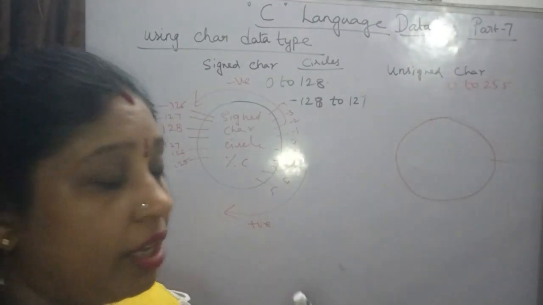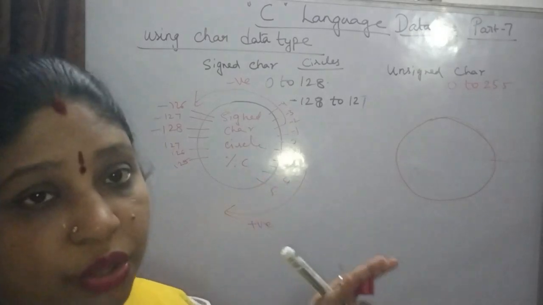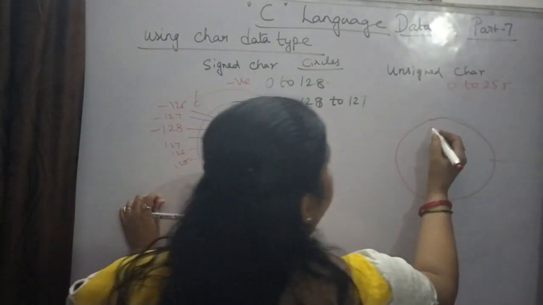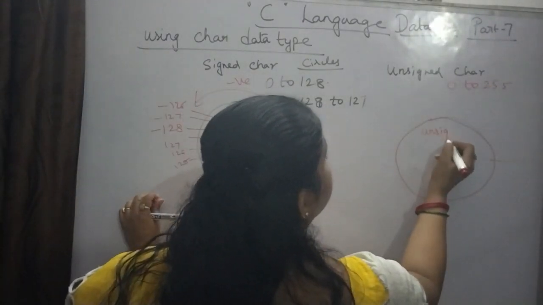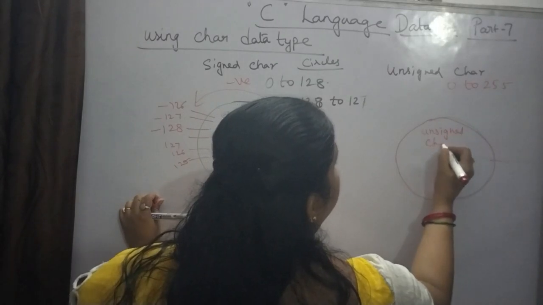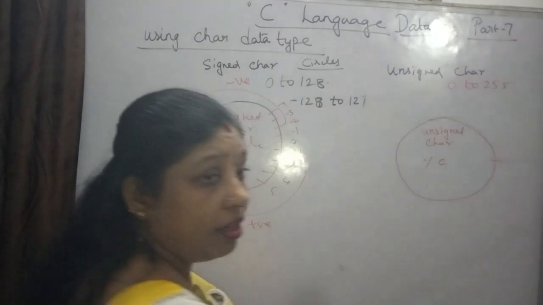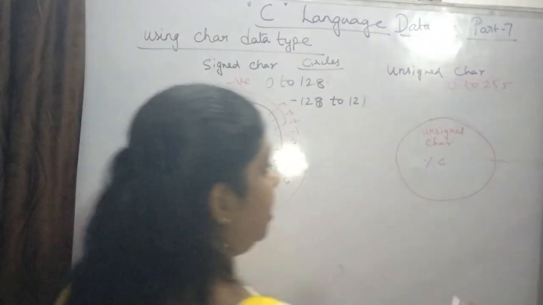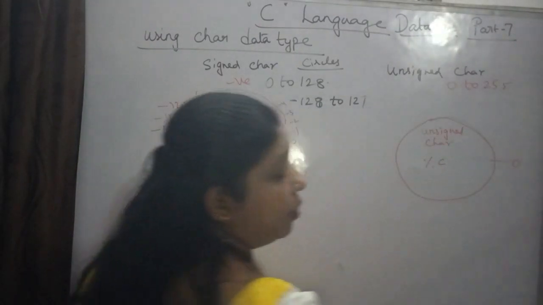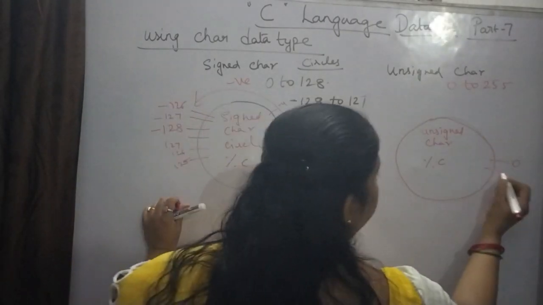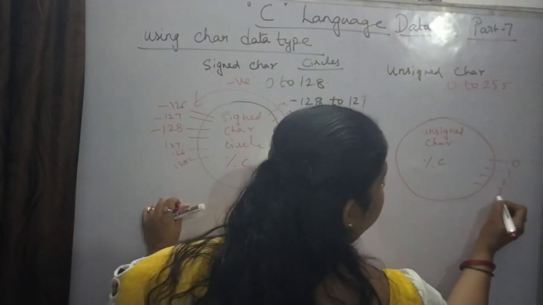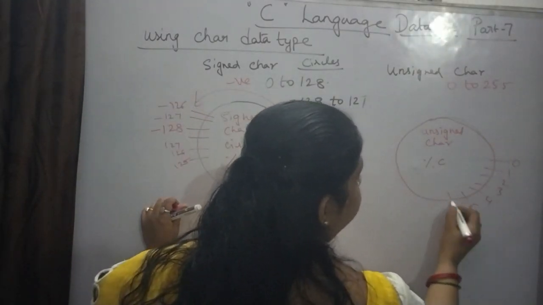Now I'll write the range of the values on the circle. Just check it out. Unsigned char data type, and %c is the format specifier. It starts from 0 like this, then positive values 1, 2, 3, 4, 5, 6.